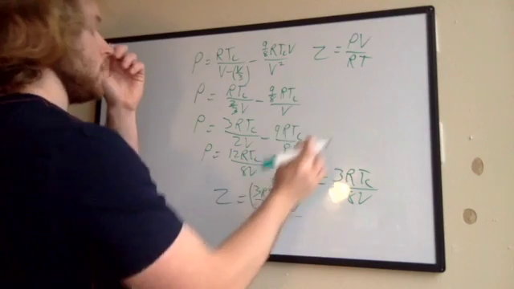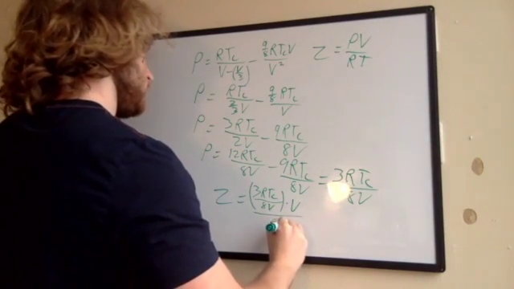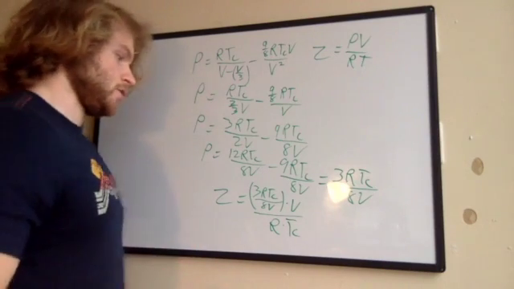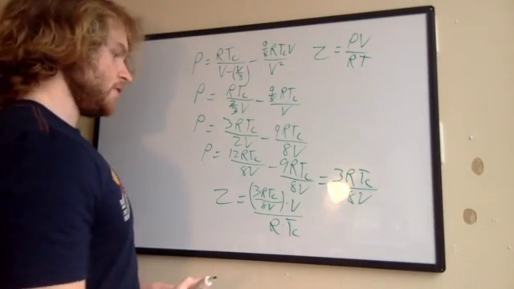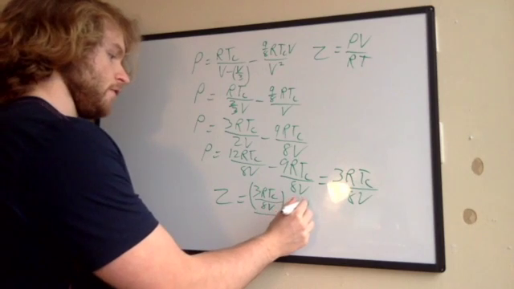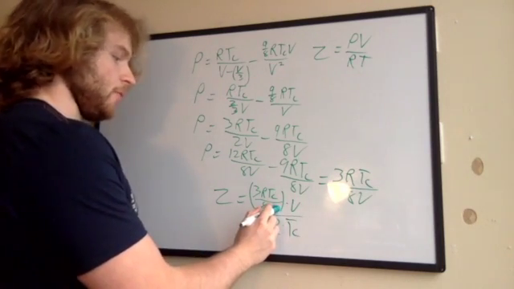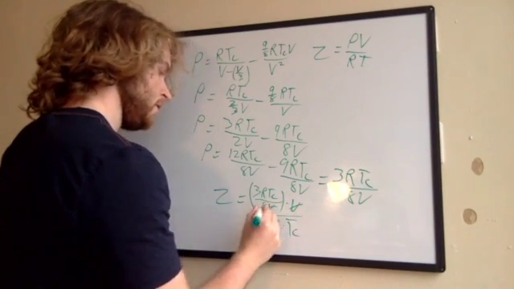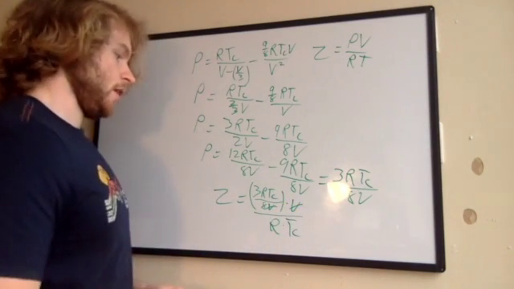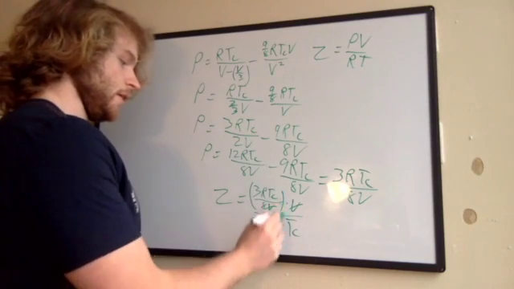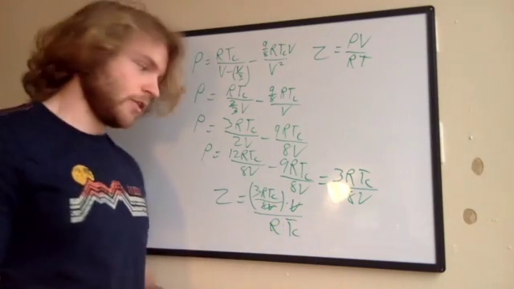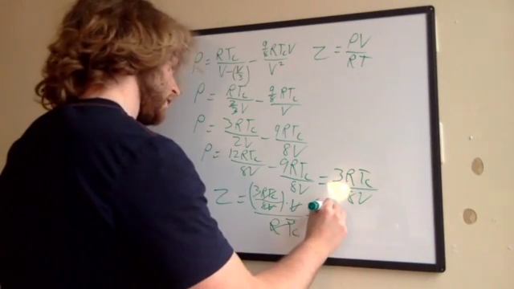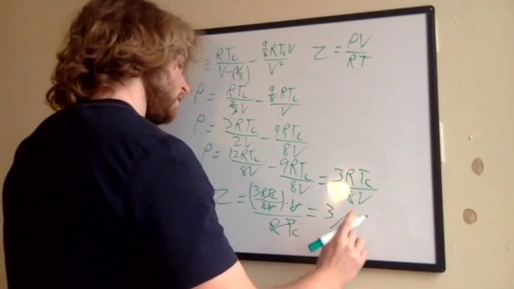And that's all over R times the critical temperature, since we are solving this at the critical temperature. As you can see, we have a volume over here and a volume in the denominator, so the volumes cancel out. Then we have an RTc up here and an RTc down here, and those cancel out as well. So all we're left with is 3 over 8.